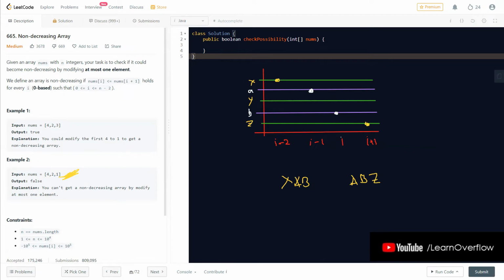Okay, now let's try to understand what other conditions can happen over here.